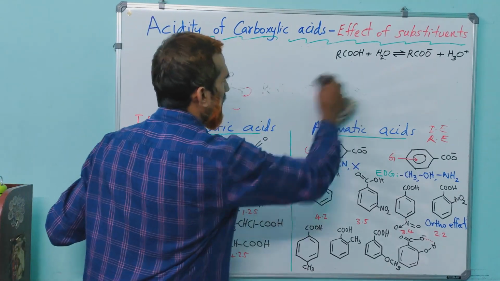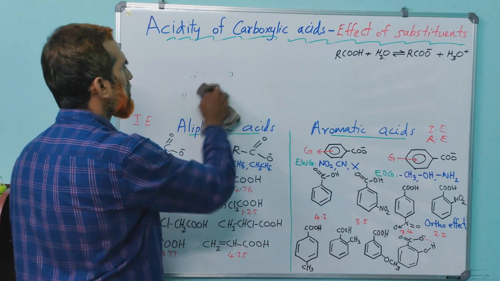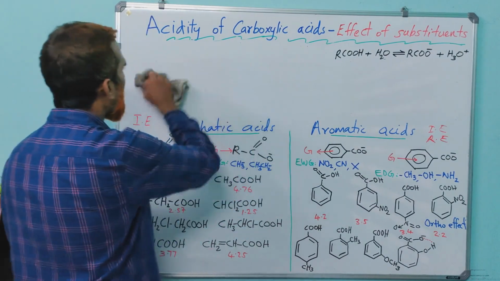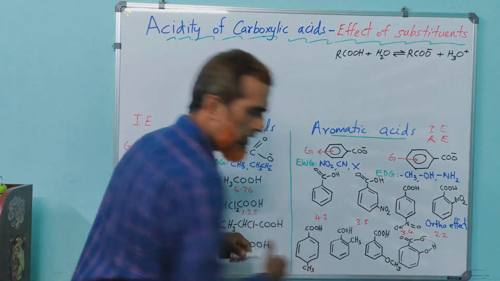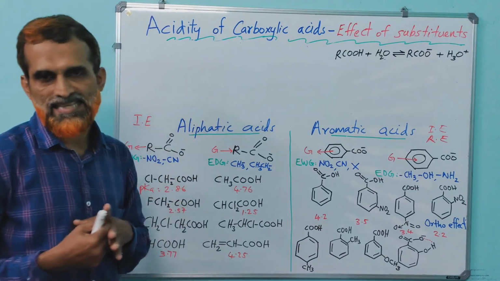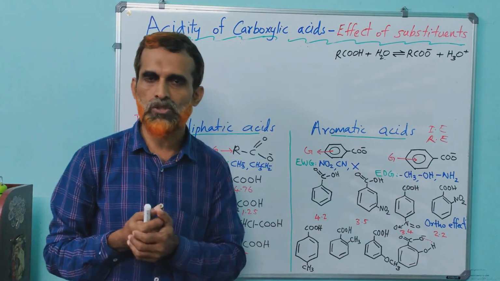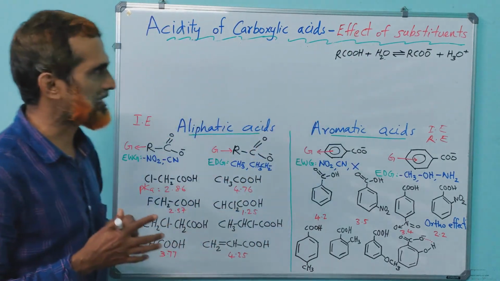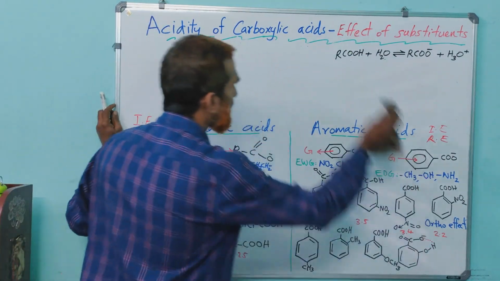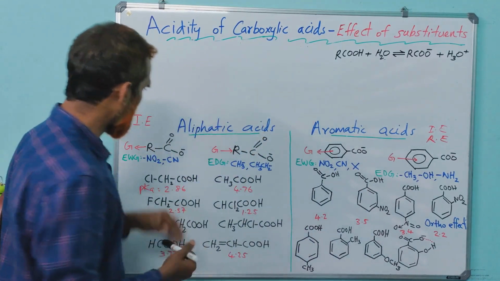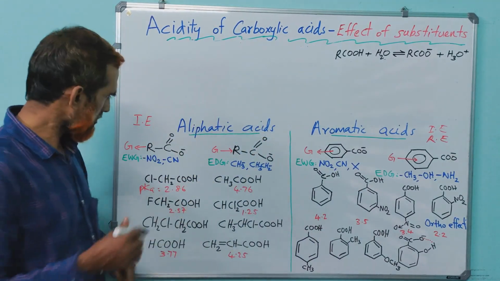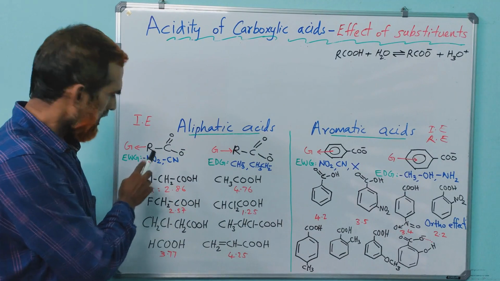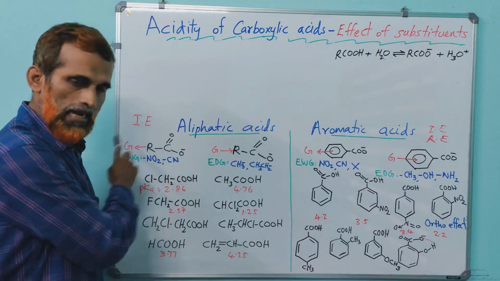Right. Now we move on to comparing acidity of aliphatic acids as well as aromatic acids, and how substituents influence acidity. Okay. First we consider aliphatic acids. See, this R is an alkyl group.